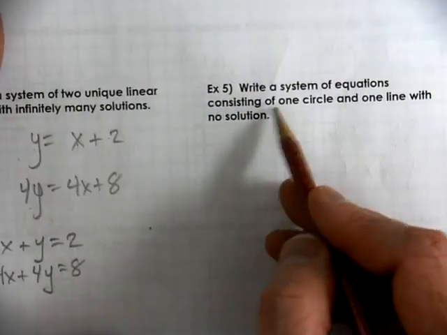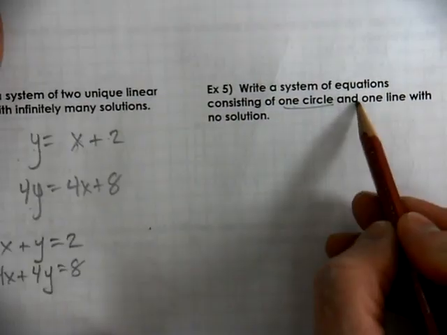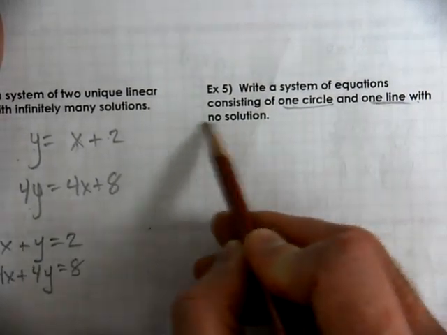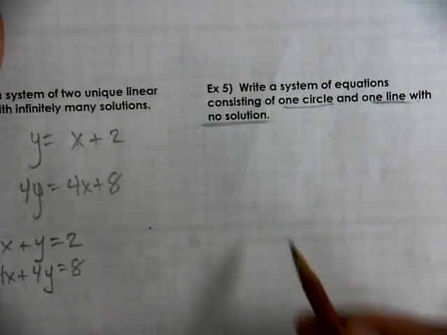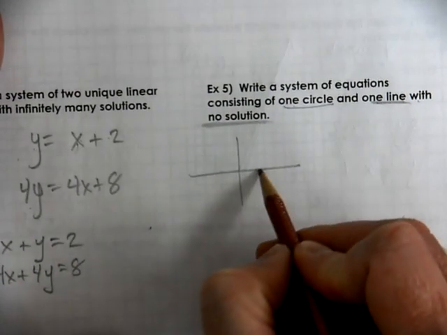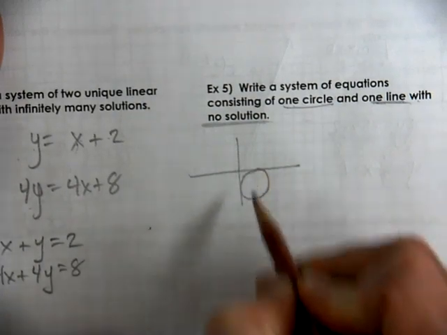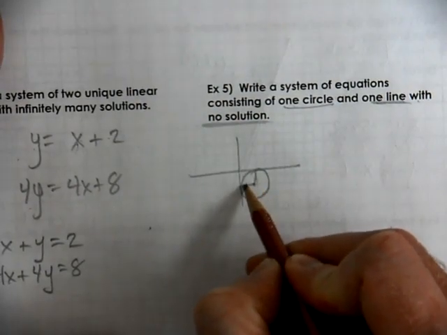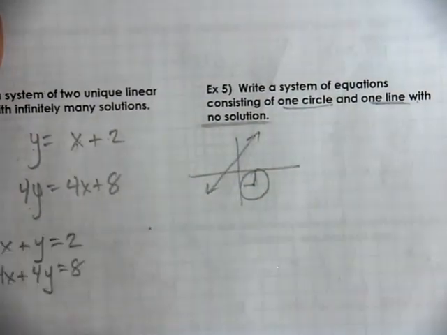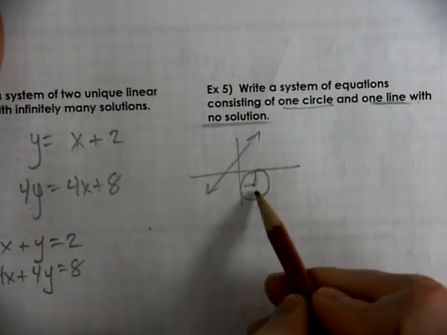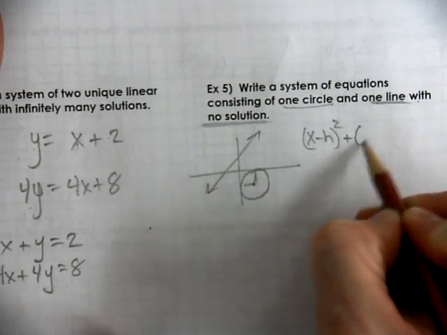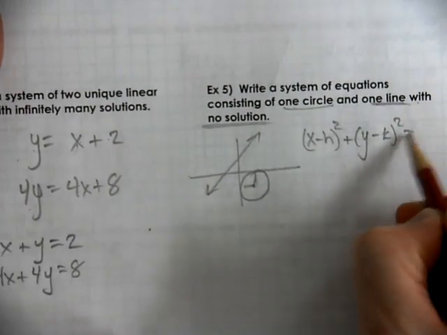Write a system of equations consisting of a circle and a line, and they do not intersect. There is no solution. So I'm going to put a circle down in here. And then I'm going to make a line be up in here where they do not cross. So a circle, remember, is x minus h squared plus y minus k squared equals r squared.